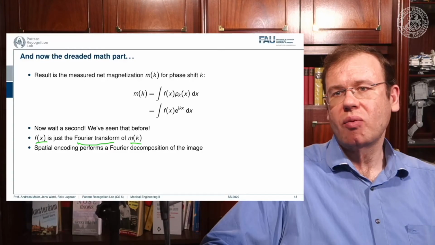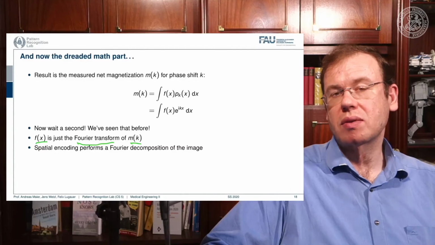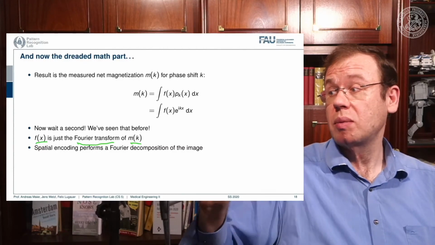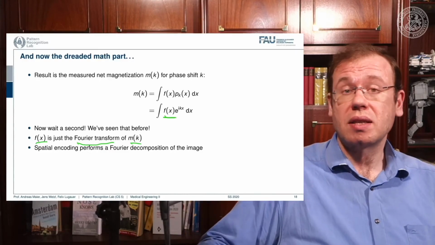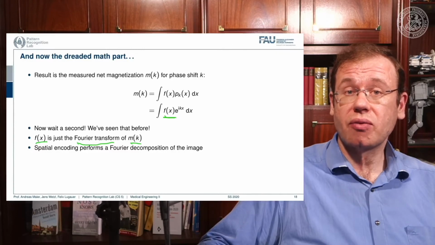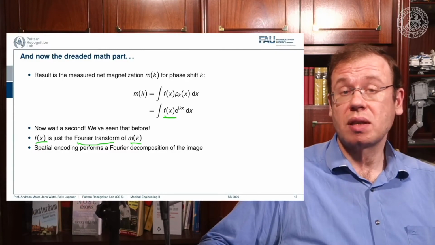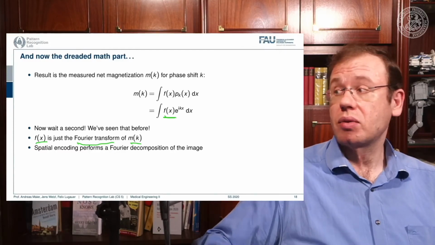So what we are actually measuring is the Fourier transform of whatever we want to reconstruct. And if we know that we have the Fourier transform, we can apply the inverse Fourier transform, and then we get exactly our f of x. So the MR measurement does nothing else than acquiring the Fourier transform of the image that we want to reconstruct, and the inverse Fourier transform then gives us the original image.